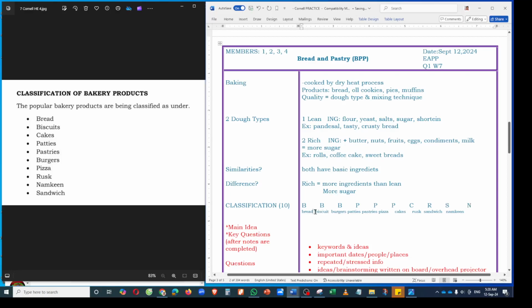And then below that, I'll write something that will be equal to the information. So these are the 10 classifications of bread. So in this case, it will be easier for you to remember. So bread, biscuit, burger, pastries, patties, pastries, pizza, cakes, crust siguro to, pero maybe it's rusk, sandwich, namkin.